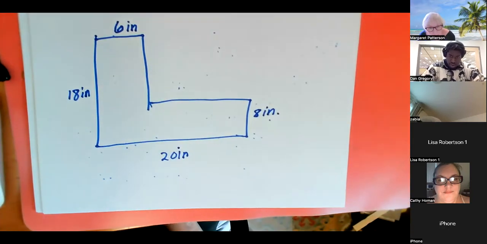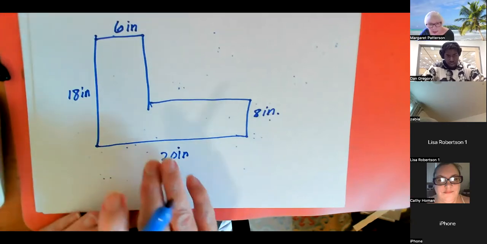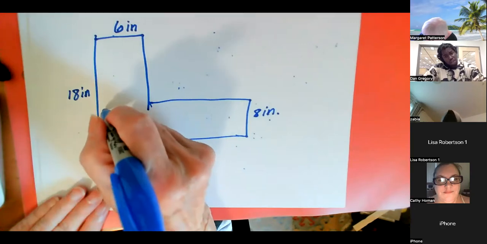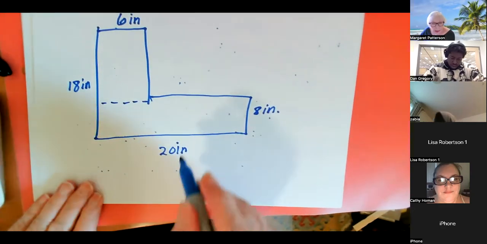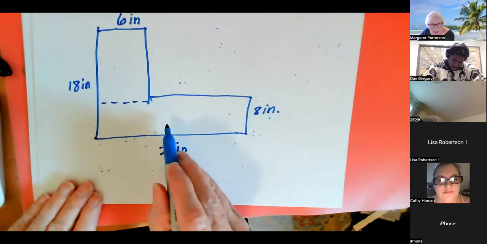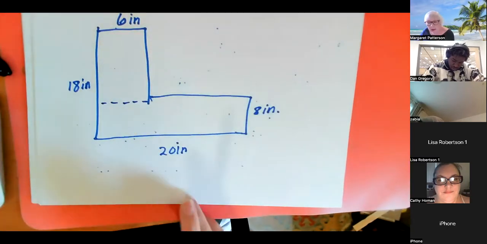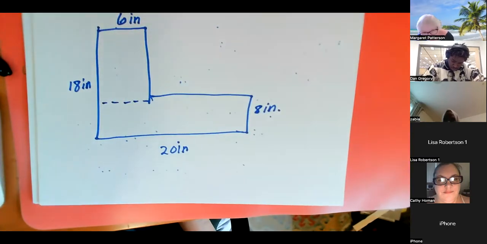It's not a rectangle. It's this crazy L-shape. So when you have to do that, you have to break it up into recognizable pieces. And so what I might suggest is you could put a dotted line here, and then this bottom would be a rectangle, and this top would be a rectangle, and the total would be adding them up.